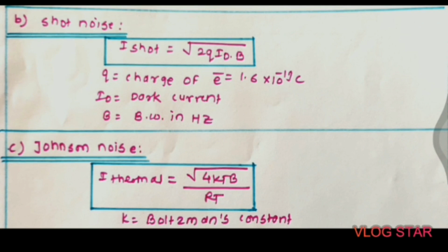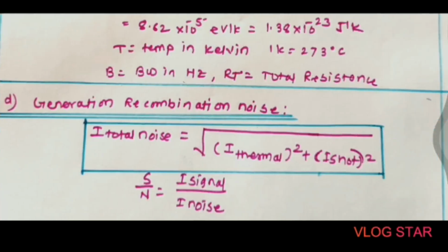Third type of noise is Johnson noise. Under thermal equilibrium, the charge carriers have random motions, and the noise current produced by these random motions is called Johnson noise current, which is given by I thermal = √(4kTB / R_T), where k is Boltzmann's constant, which has the value 8.62 × 10^-5 eV per Kelvin, or 1.38 × 10^-23 joule per Kelvin.